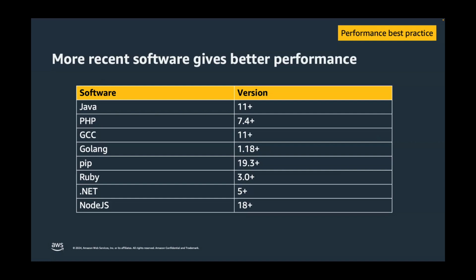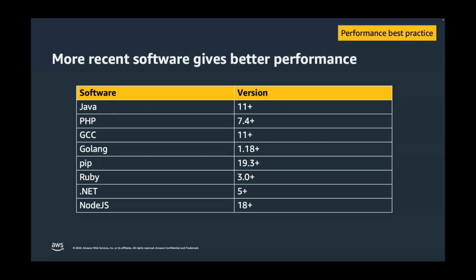Taking the example of Java 8, Java 8 is very old already and is out of support, but many customers are still using it. But you will find that Java 8 comes before the ARM64 standard, so the compiler doesn't optimize for ARM64. However, if you upgrade your Java to Java 11 or even 17, you will get much better performance.